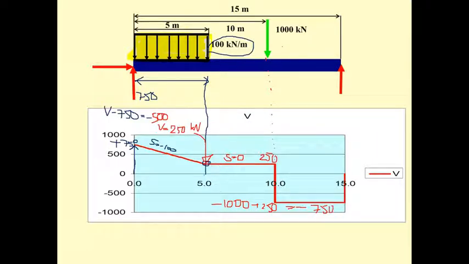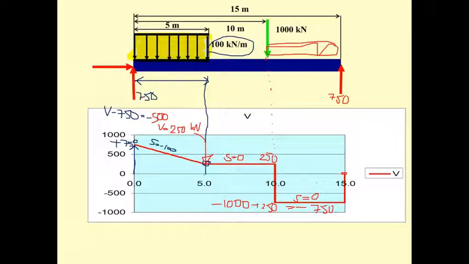There is no uniformly distributed load here, so the slope is 0, and the value here is minus 750. Up until here we have the up 750, so the shear is going to be 0 here.